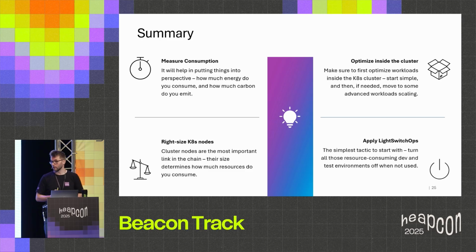And last but not least, applying light switch ops. It's a simple tactic to start with, and it's basically turning the switch on or off when not used. Feel free to turn off your dev instances during the weekend, for example. That can decrease your emissions and definitely save your costs.